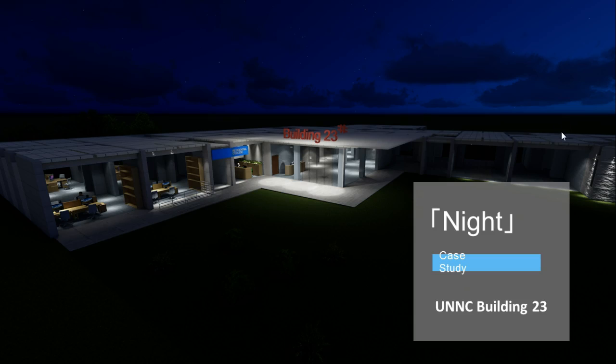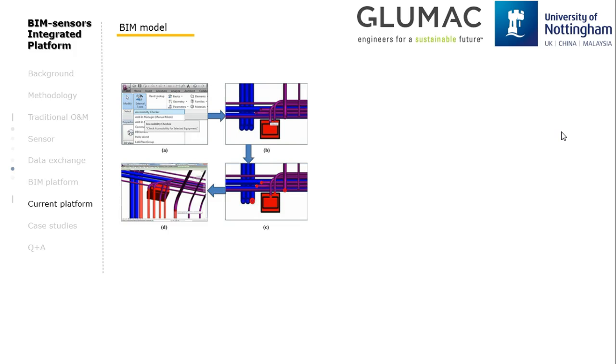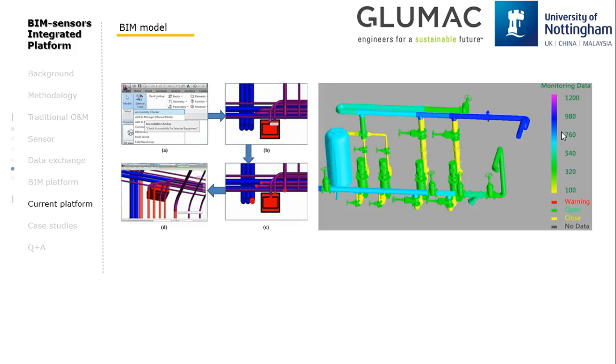This is the first floor of building 23 at our university. We applied our platform to that floor. It's a Revit model, and the red dots are the sensors we put in. And this is the performance our platform shows: the flow rate of the plumbing system.